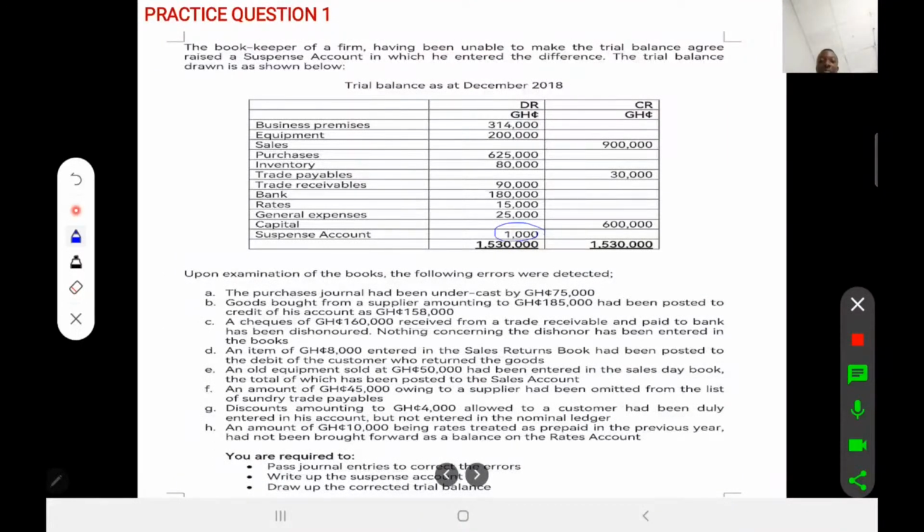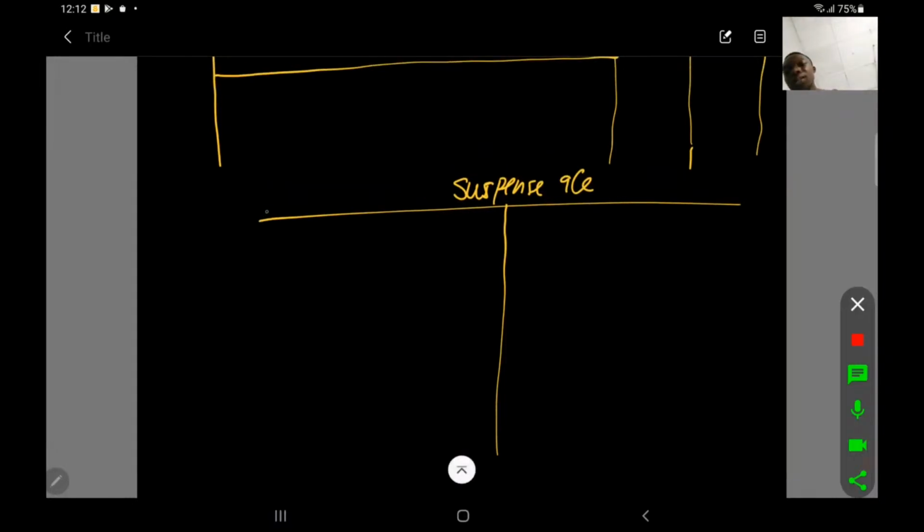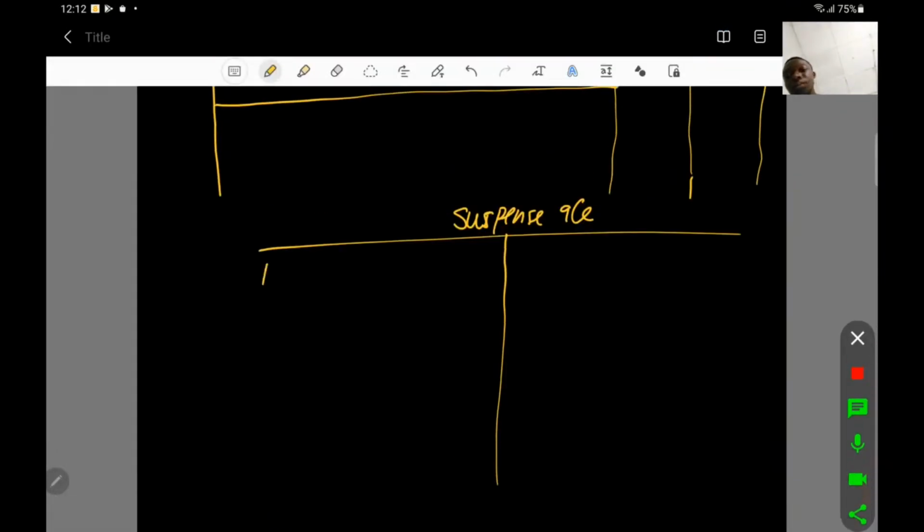So that's at the debit side of the trial balance. So when you open the suspense account, you tell us that that's the trial balance difference. As a suspense, it is being debited, and that is all. So let's take note of that. So with the suspense, all I'll do here is write trial balance difference, and I think the difference was 1,000, so just record it as 1,000, and you are done.